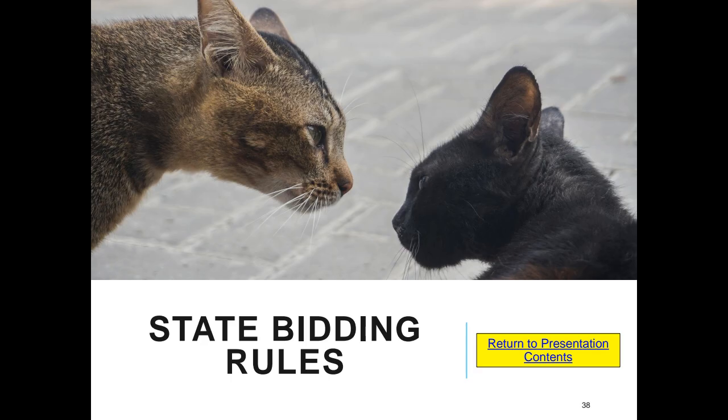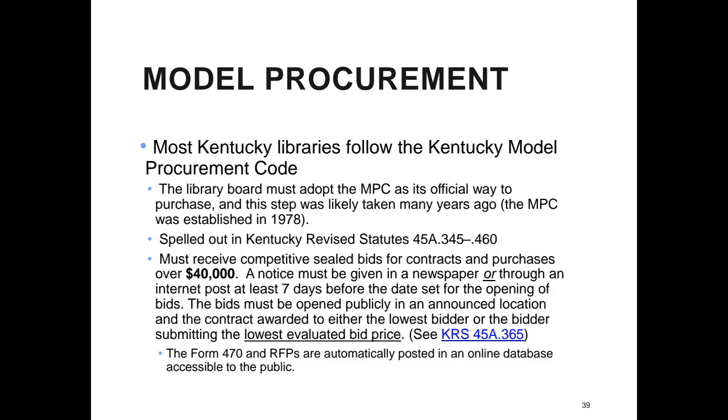All right. In addition to the E-Rate program rules on competitive bidding, you also get to keep in mind state and local bidding rules. Always more layers to this onion. So most Kentucky libraries have adopted the Model Procurement Code, which has been around since 1978.